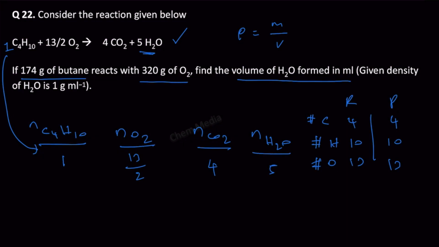Now depending upon which one is the limiting reagent, whether butane or O2, we need to figure that out, and then depending upon that we have to compare the stoichiometric moles with the stoichiometric moles of water so that we can find out the answer.